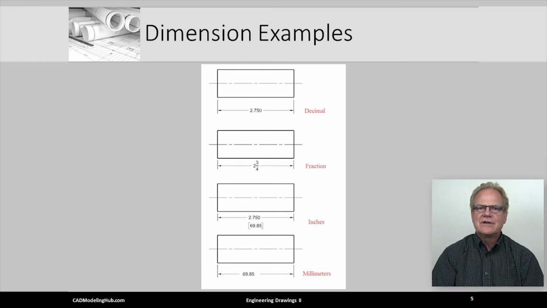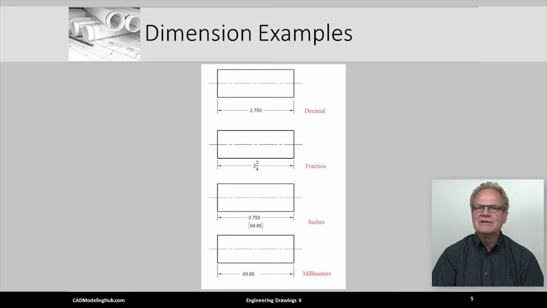Mechanical drawings can use any of these dimensional value styles. The most common in the US is the decimal style. The number of significant decimal digits is based on how accurate or exact a given dimension needs to be.